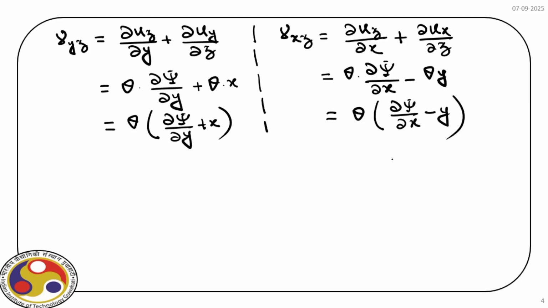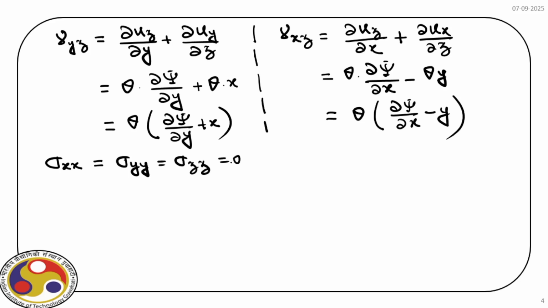So, we get all the strain components, and then we can also find the stress components. Now, recall sigma xx, sigma yy, and sigma zz, all of them are 0.